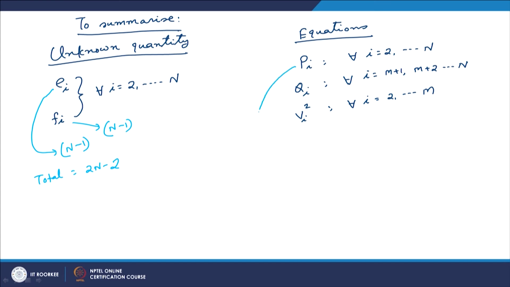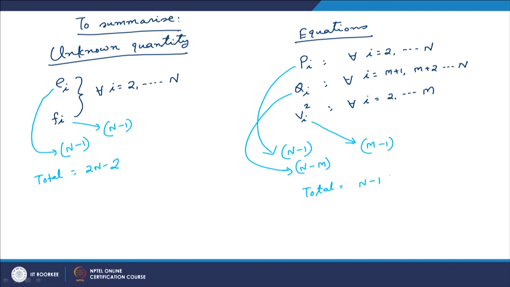Here the total number of known quantities is n minus 1, here it is n minus m, and here it is m minus 1. So, total is equal to n minus 1 plus n minus m plus m minus 1.